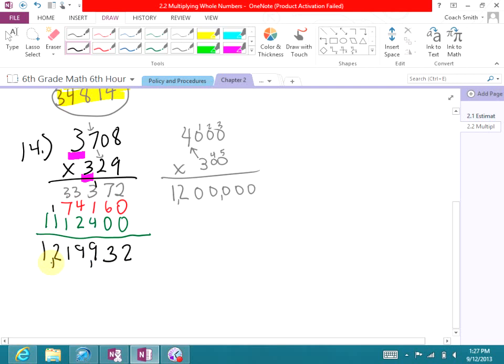1,219,932. Okay? Now, most times you would say, oh, that's not very close to 1,200,000. But in all actuality, it is pretty close. Because we're dealing with millions. That is the correct answer, 1,219,932.